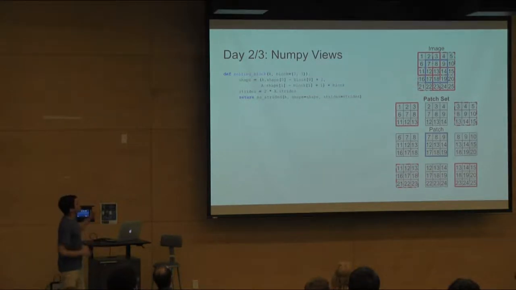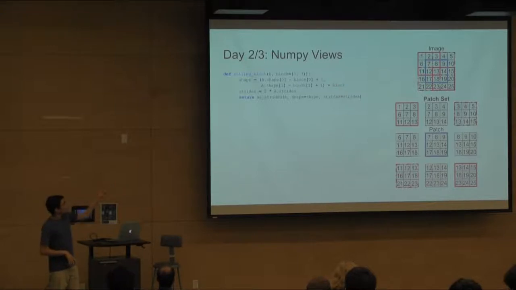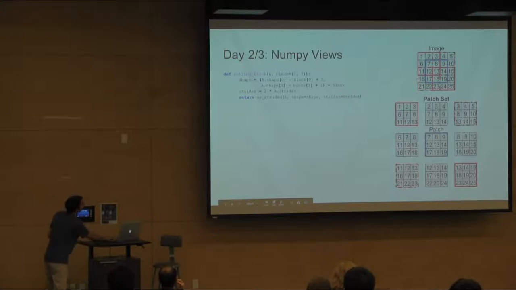One of the things we did to simplify one of those pairs of loops was working on this function, basically defining the size of the patch and creating a view that modifies the shape for the given array.